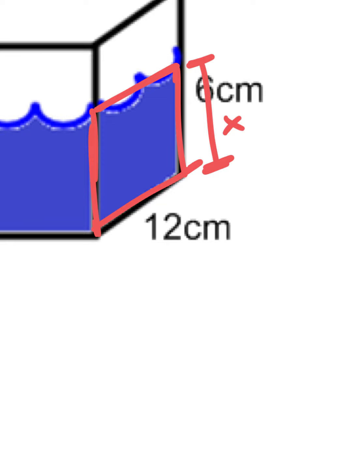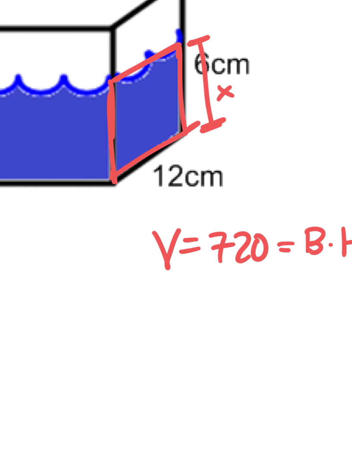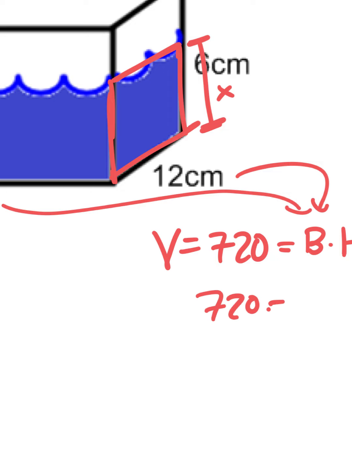So if I know what the volume of this container is, I know that the volume is 720, and I know that the volume of a prism is the area of the base times the lateral height. Well, I'm just going to plug in some of this information I know. So my base is just going to be 12 by 15. So 720 is equal to 12 times 15.